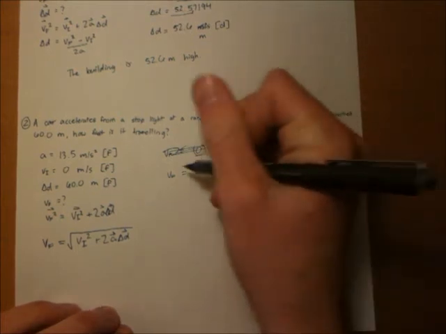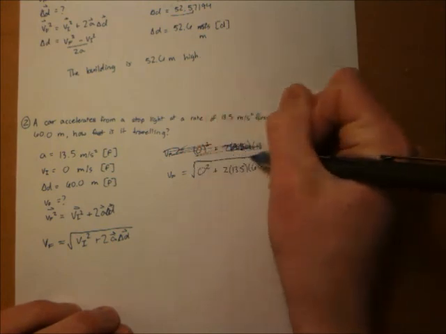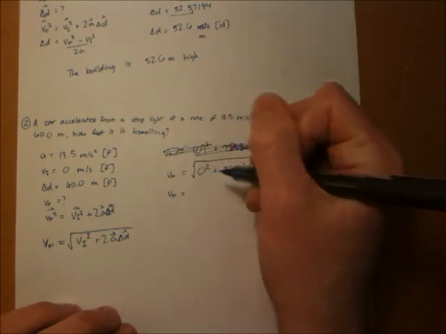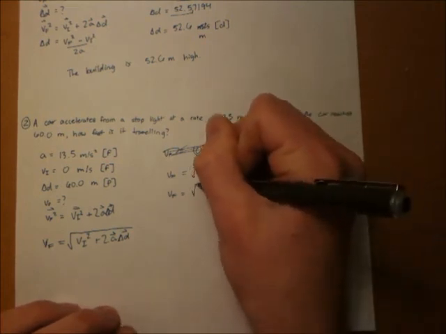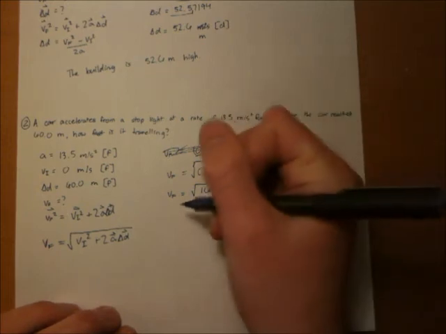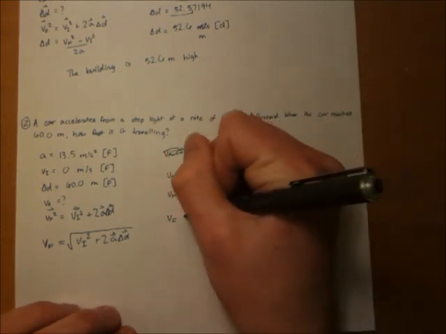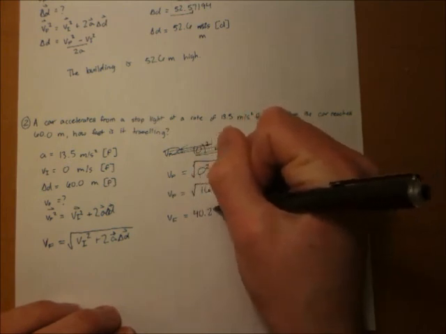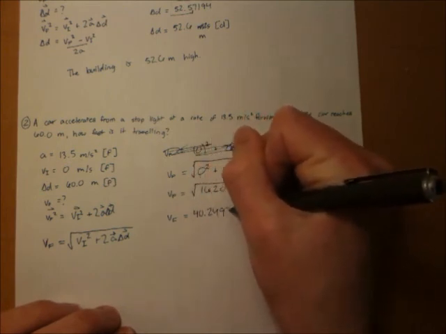Make sure you don't make that mistake. So vf is equal to the square root of 1620, which means that vf is equal to 40.24922.